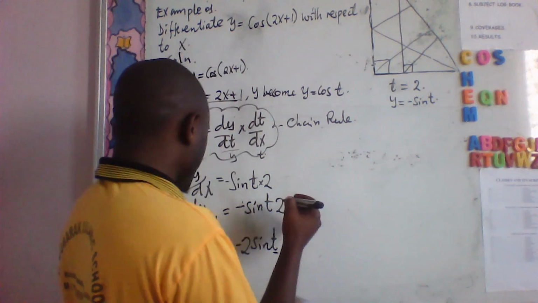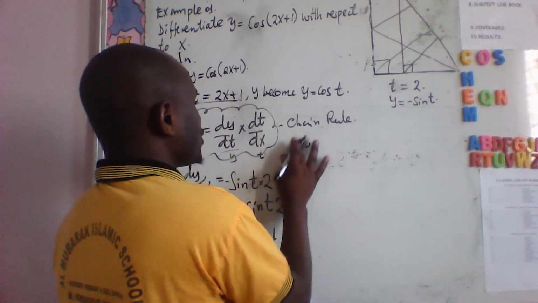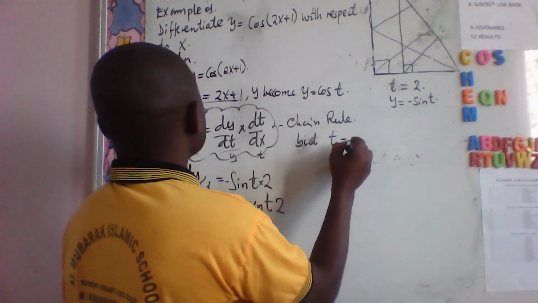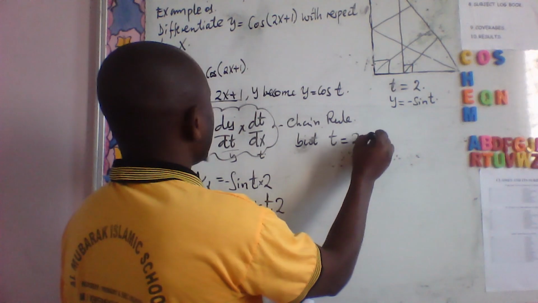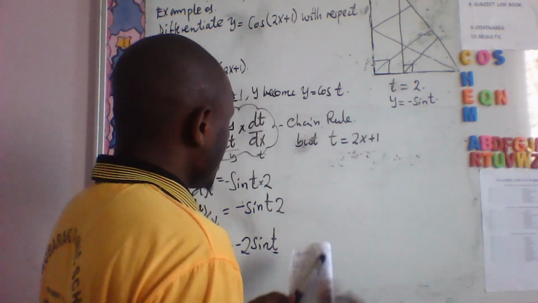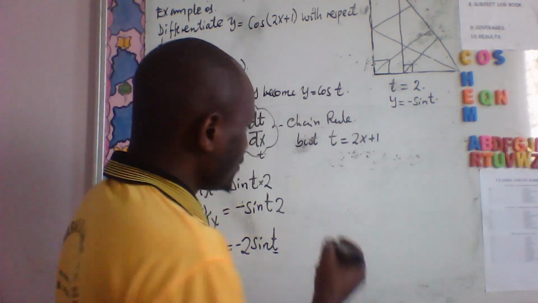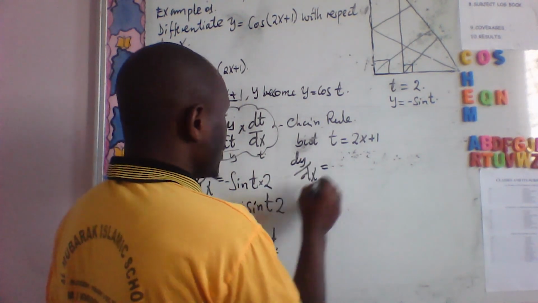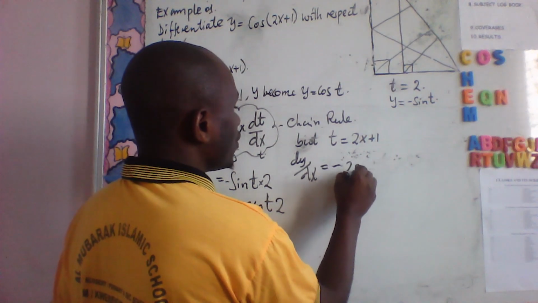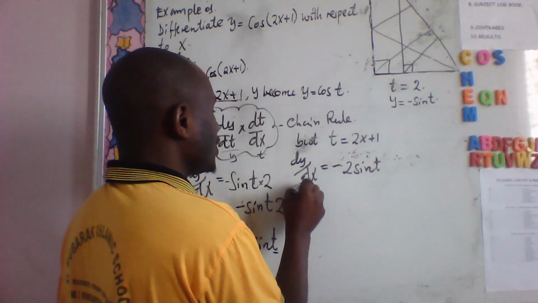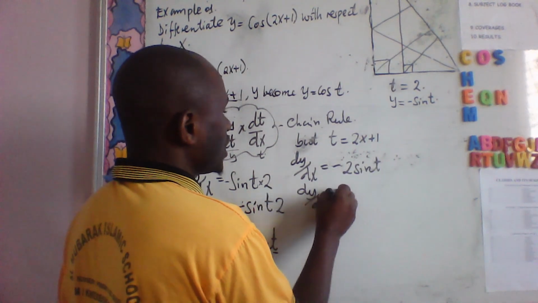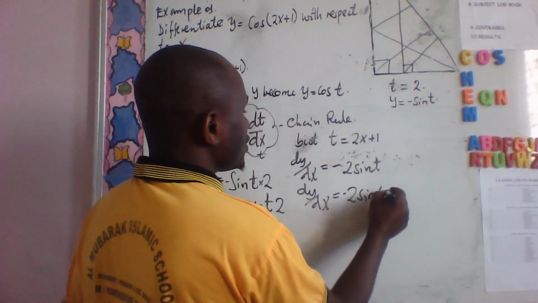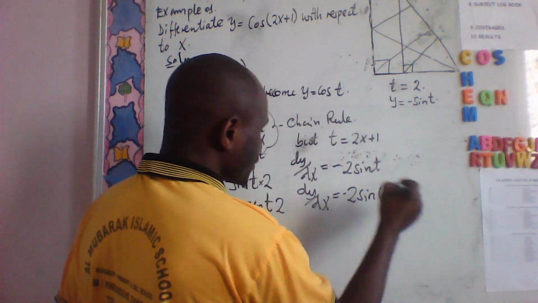The value of t is equal to 2x plus 1. That's the value of t. So let us proceed to see how it is. dy over dx is equal to negative 2 sine t. So dy over dx here is equal to negative 2 sine of 2x plus 1.